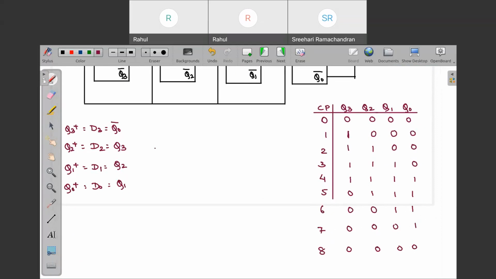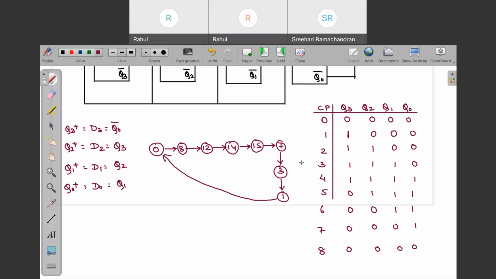So you start from 0, you go to 8, then you go to 12, 14, 15, then to 7, then from 7 to 3, then from 3 to 1, and then again from 1 to 0.